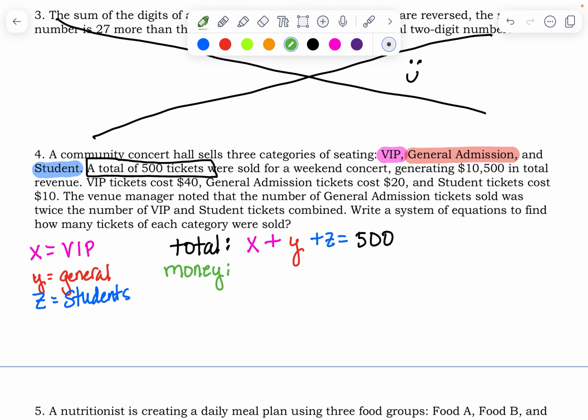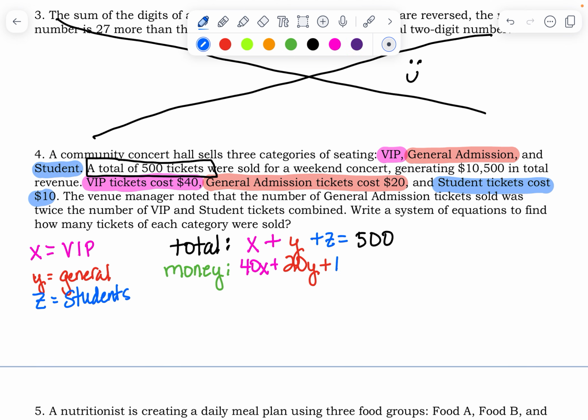Now the other equation, just like we've done before, is when we're dealing with money. So let's see what each of these are worth. The first thing that we have is the VIP are $40. So I have 40x plus the general admission is $20 plus the students, and it looks like the student tickets cost $10.